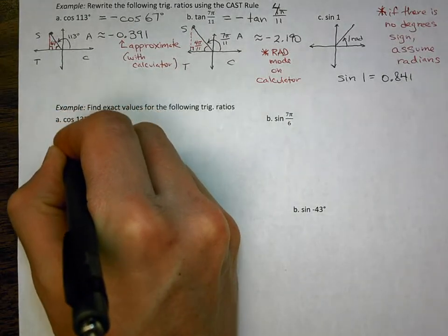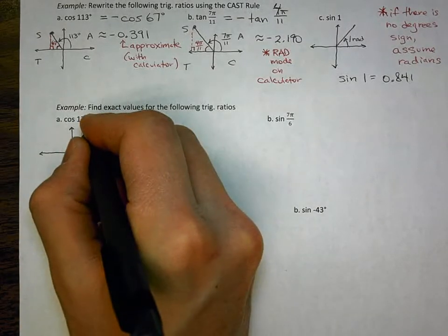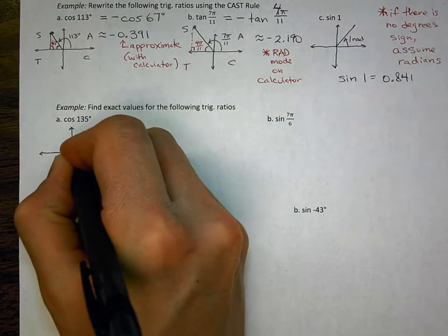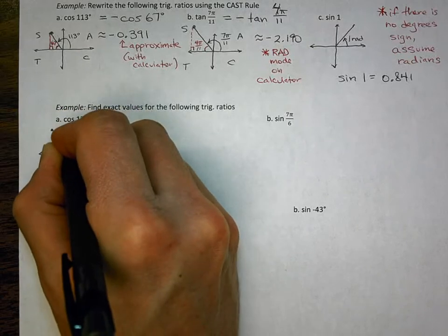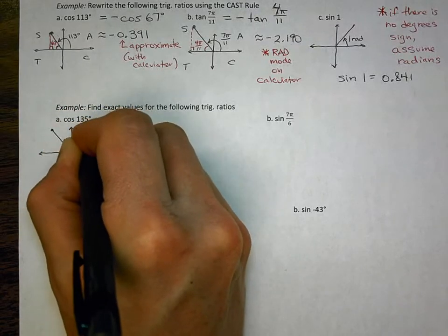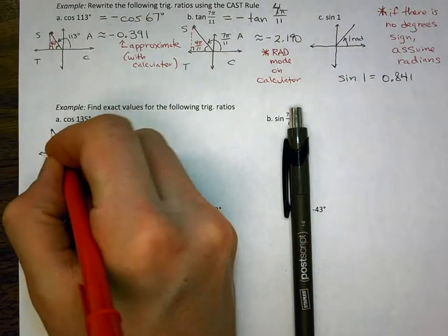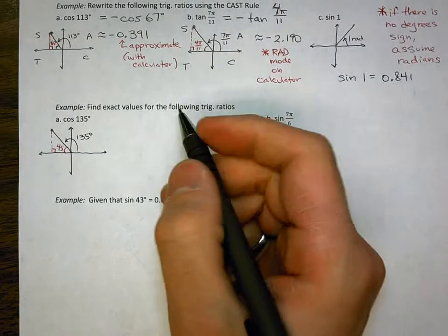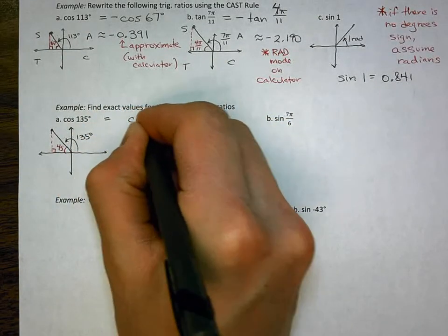I'm going to do a quick sketch. 135 is 90 degrees plus 45, so it would be this angle. I drop the perpendicular and label the related acute angle, which is 45 degrees. So now I can rewrite this as cos 45 degrees.